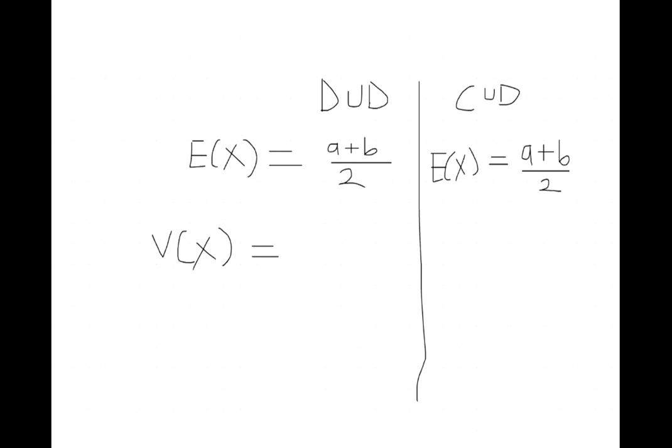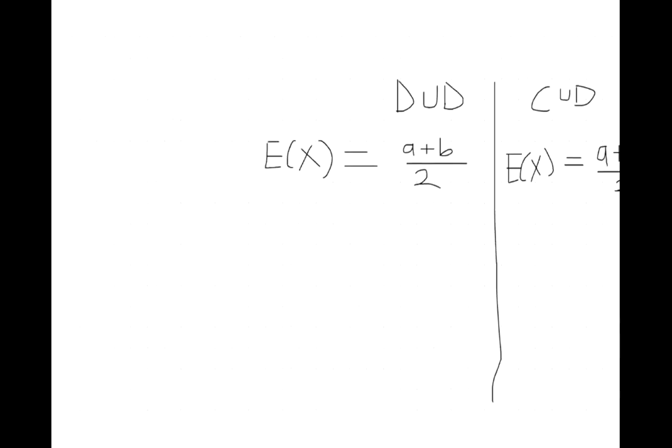Now, looking at the variance for this particular one, V of X will be equal to (B minus A plus 1) all squared.